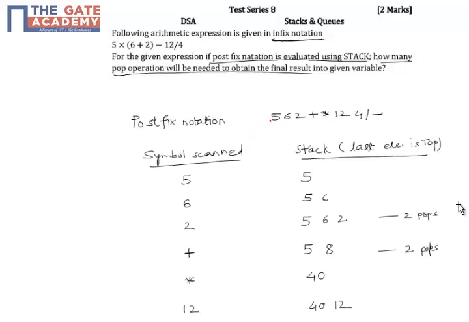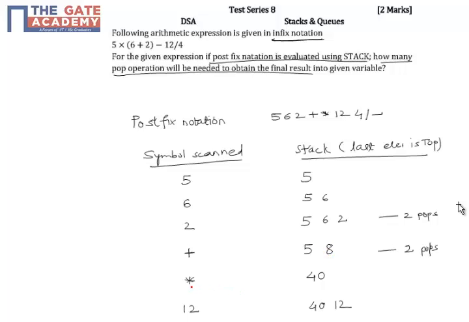The first symbol scanned while evaluating this expression would be 5, so we add 5 as it is to the stack. The next symbol is 6, which is again an operand, so we add it to the stack. Later we encounter 2, which is again an operand, so we push it into the stack. After 2 we have the addition operator, so we pop 2 elements from the stack, which are 6 and 2, do the addition operation and insert the result into the stack.